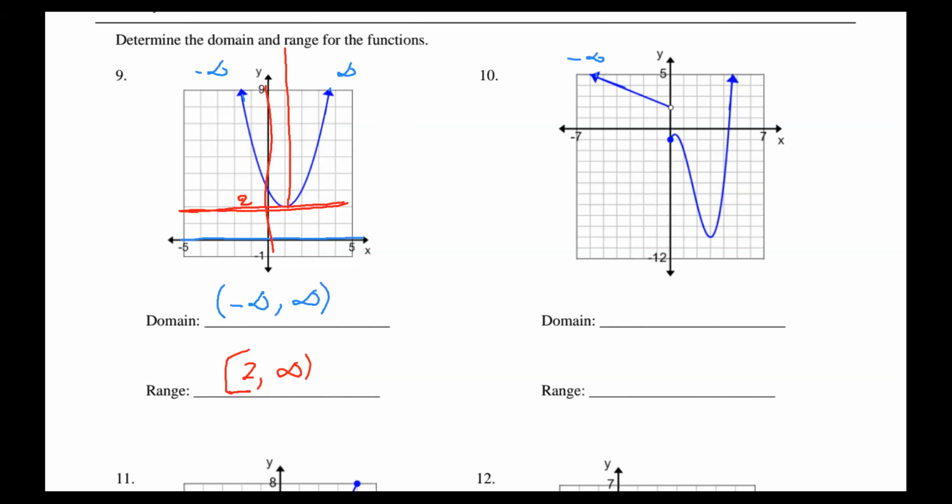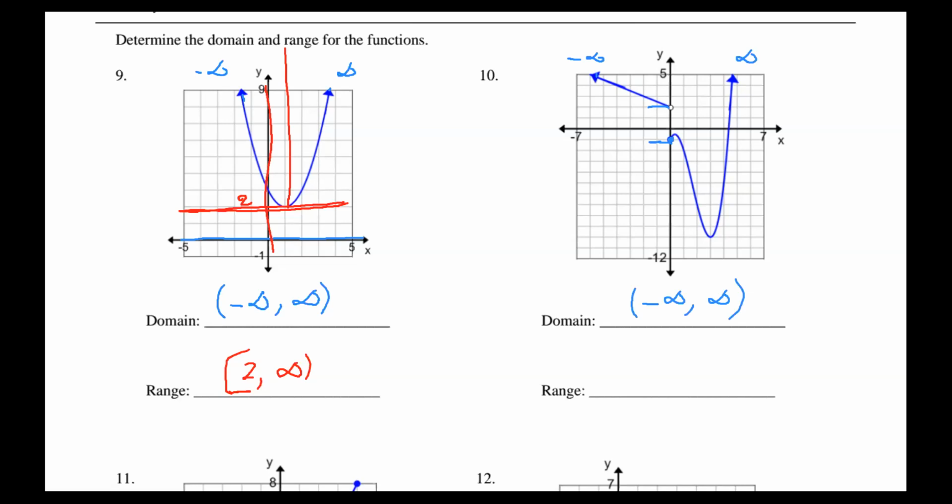However, the graph starts at 0 with closed. This is open. However, this is not open. That means this point is included. And it starts from 0 and it goes all the way up to positive infinity. So that means the domain is going to be negative infinity to positive infinity.